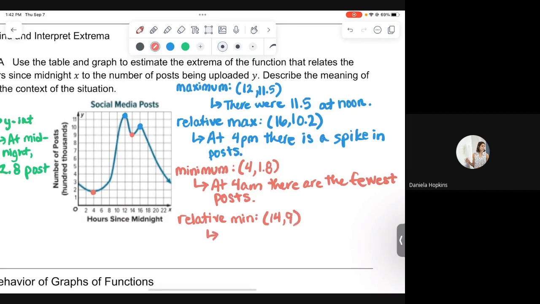So 14 hours after midnight is what time? 2 p.m. So at 2 p.m., there is a dip in posts. If I were interpreting this, that would mean it's our most productive time of the day. It's not the least of us, because it's still more than that actual minimum, but in terms of working people, maybe that's when we're all working.